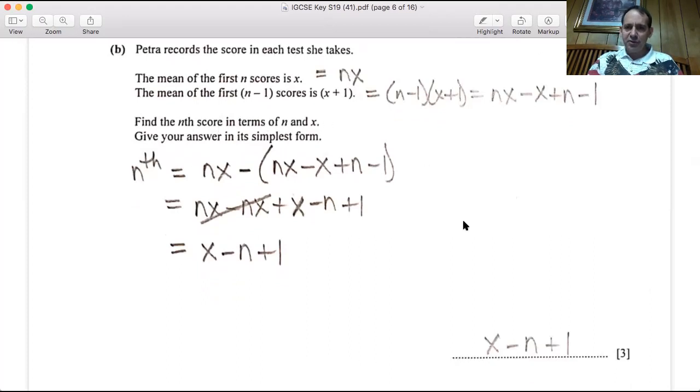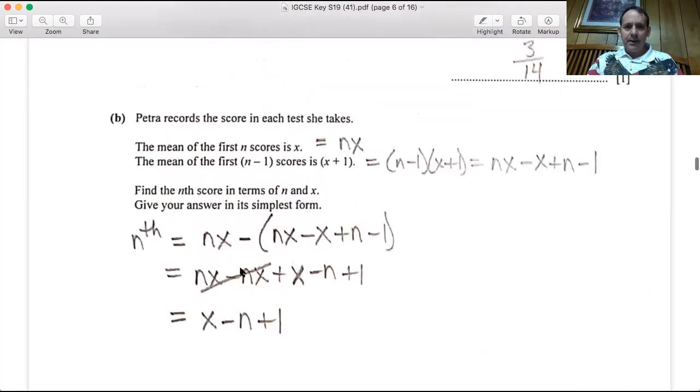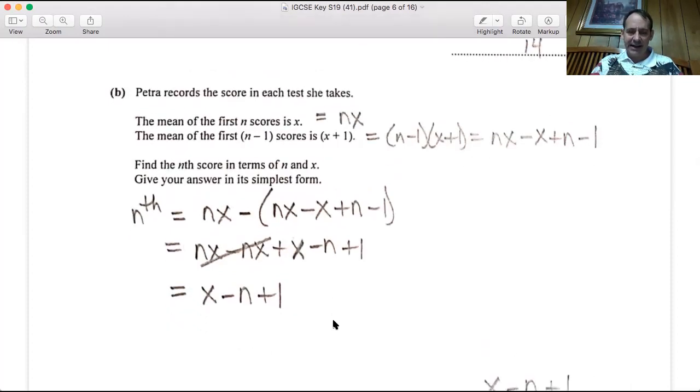So find the nth score in terms of n and x. Well, the nth score is the last score. So if we take the total of all the scores minus the total of all the scores before the last one, and we subtract the two, that will give us the last score in terms of n and x.